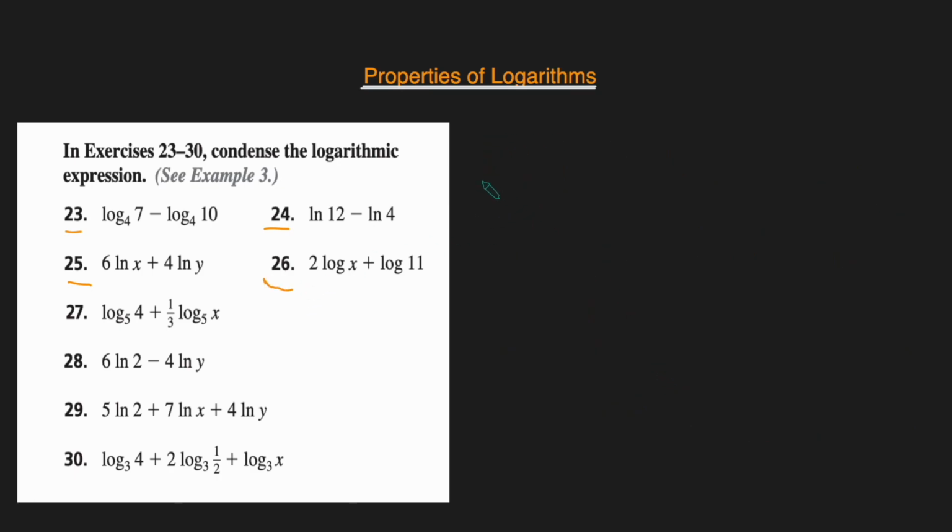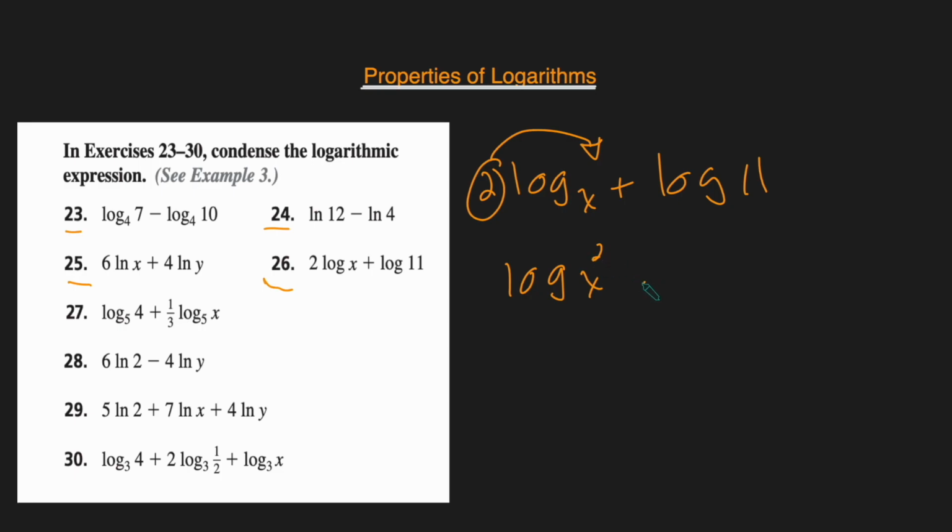Problem number 26, 2 log x plus log 11. Remember, again, if we want to condense, we always have to bring the power where it belongs. So this is going to be log x squared plus log 11, and now we can condense this as a product. Log 11 x squared.